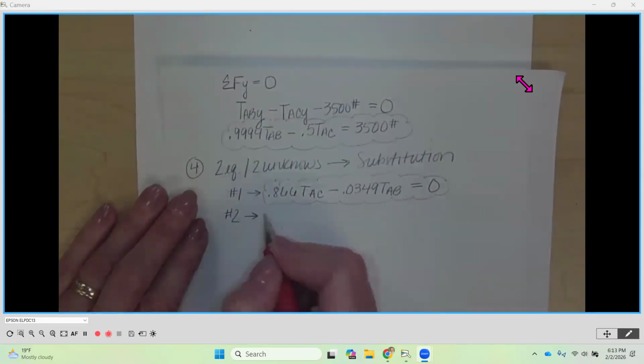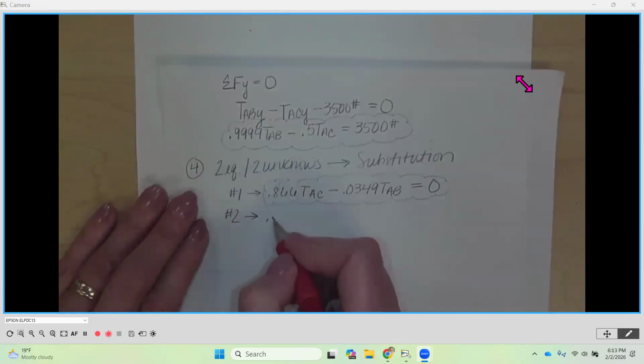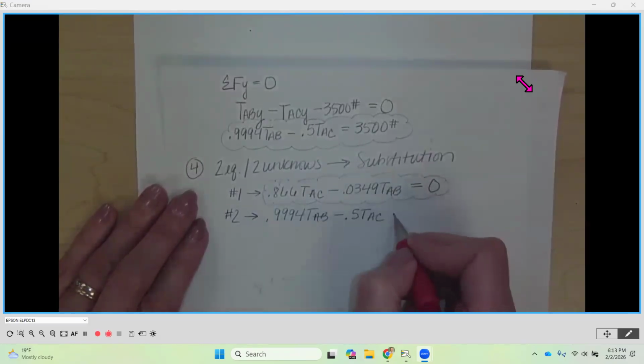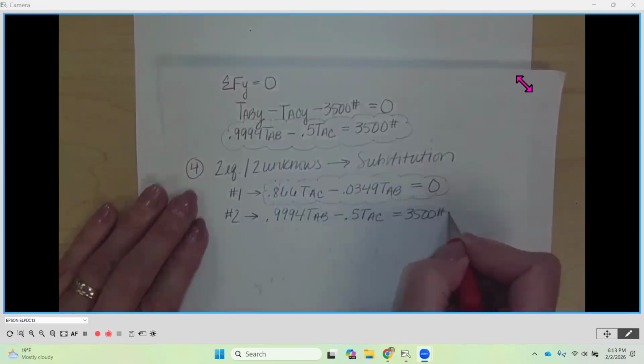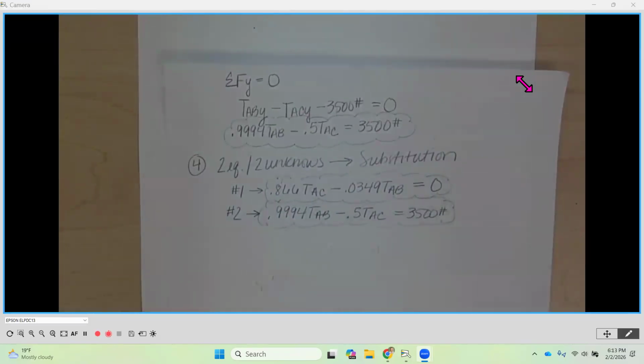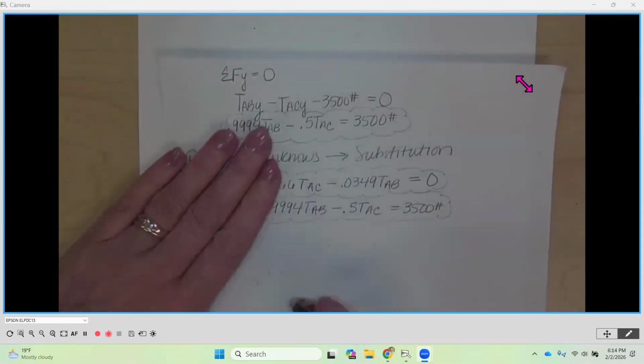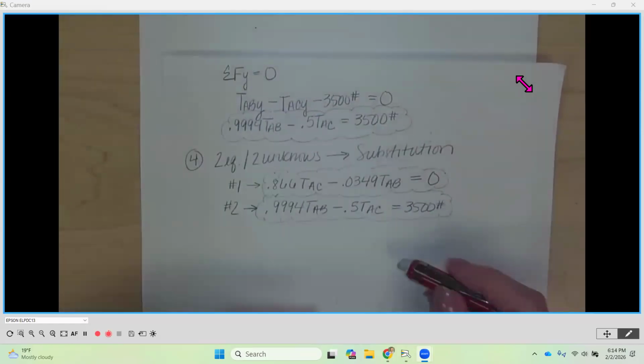Equation number 2, immediately below it, 0.9994 TAB minus 0.5 TAC is equal to 3,500 pounds. So these are the two equations that I'm going to be dealing with. Notice they are two equations with the same two unknowns, right? And chronologically, vertically below or horizontal lines below, we're going to then do this step by step.